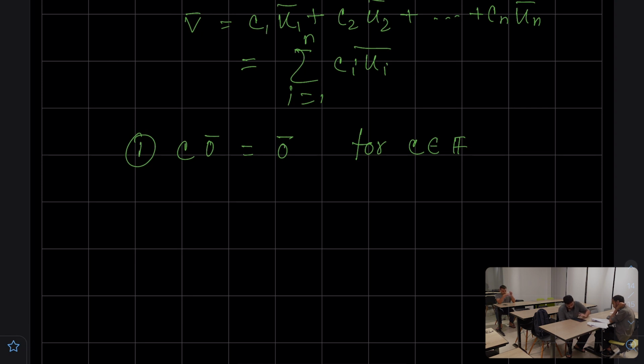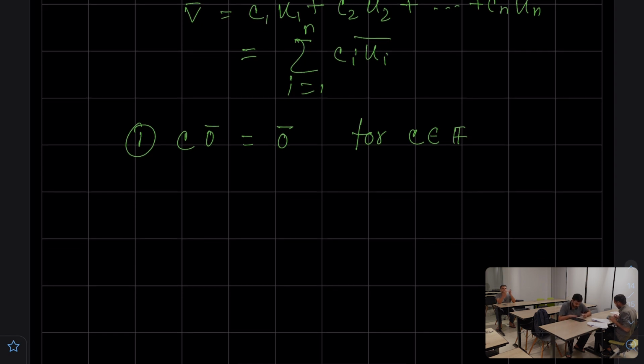We can write c times the zero vector as c times the zero vector plus the zero vector, right? Why? Because the zero vector plus the zero vector is also the zero vector.